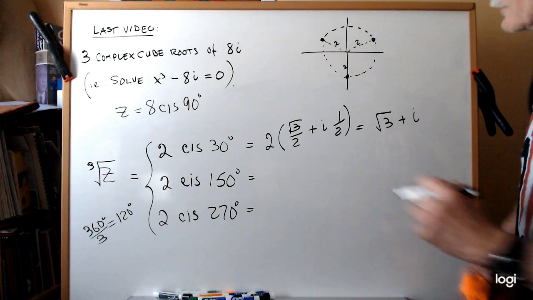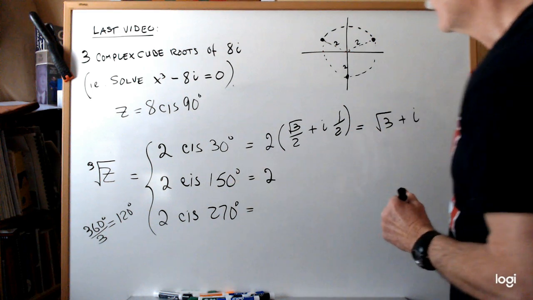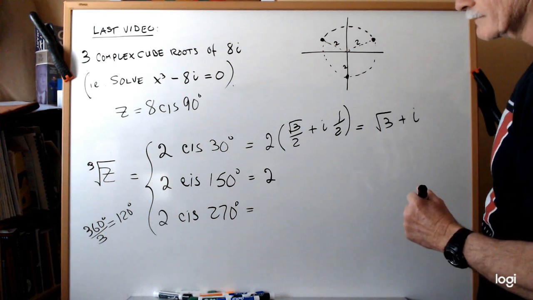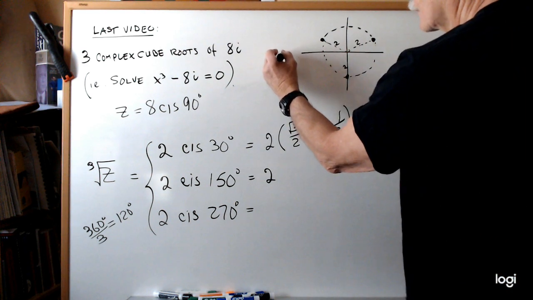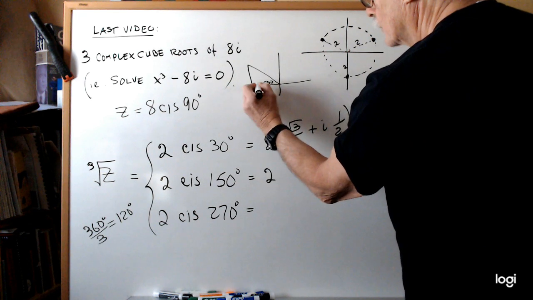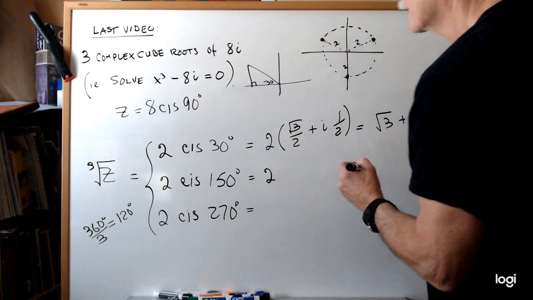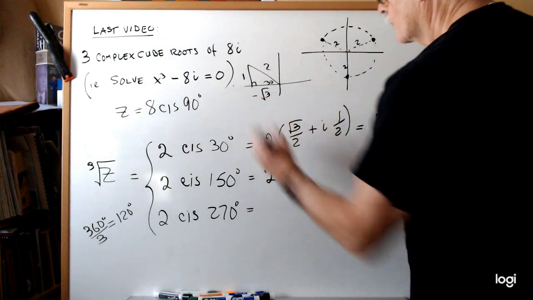And then we continue on. We picture 150 degrees and the cosine there. Let's make a quick little sketch. 150 would be right here, and this would be negative radical 3.